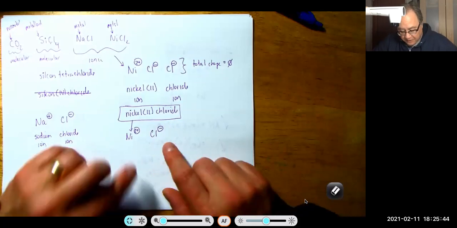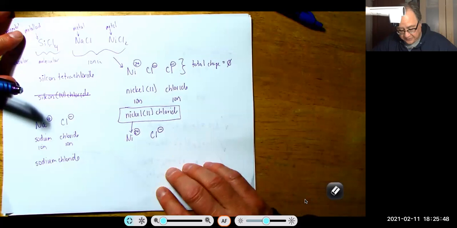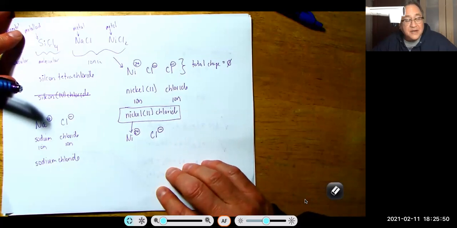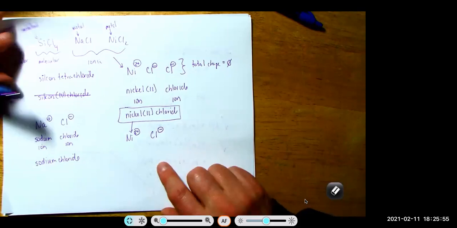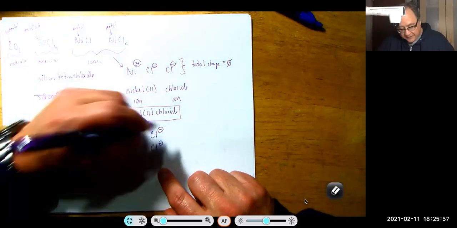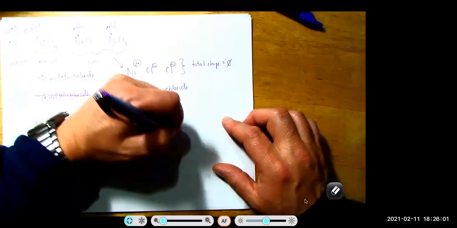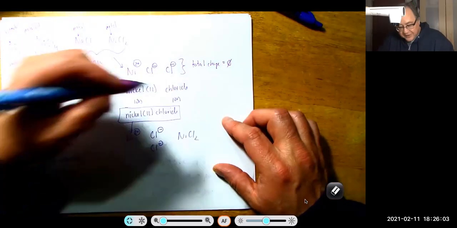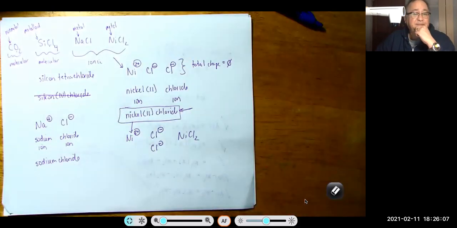And you have to figure out how many of each you need to get a neutral charge, and what's the minimum amount you need, not the maximum. If we had another chlorine here, that would be a -2 and a +2, and that's neutral. So here, in this name, we don't have to tell people there are 2 chlorides. We can figure it out.